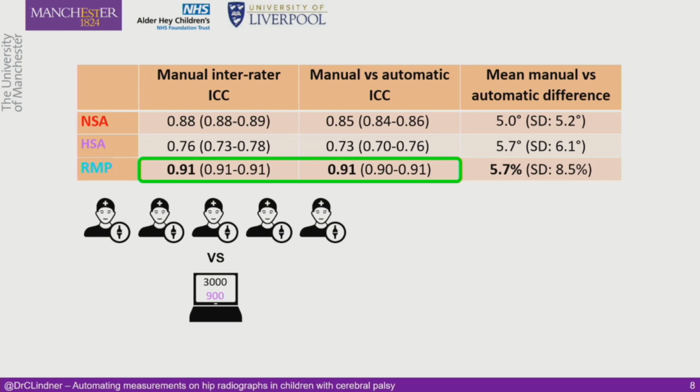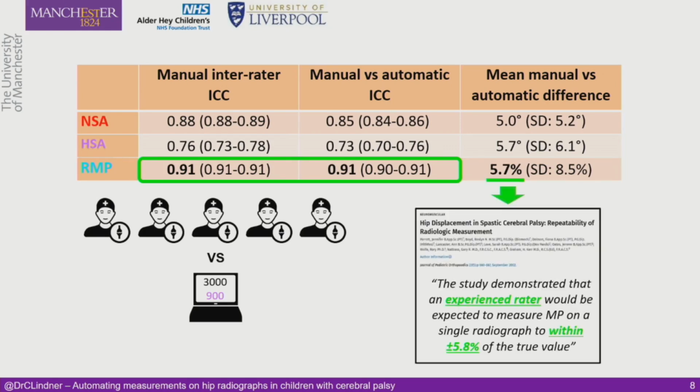And actually, when we looked at the mean absolute difference between the automatic and the manual measurements for ramus migration percentage, we found that it was in the range of what would be expected if we were to ask a clinical expert to measure the same image twice. So in conclusion, our system performs equally well in assessing hip migration based on ramus migration percentage as the clinical experts that we used in our validation study.